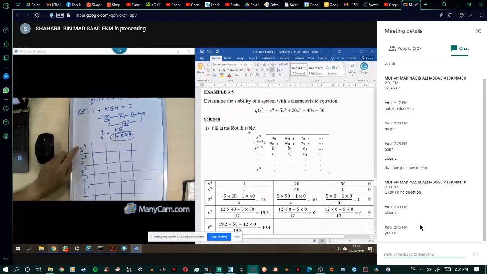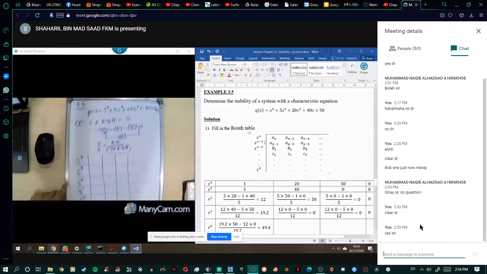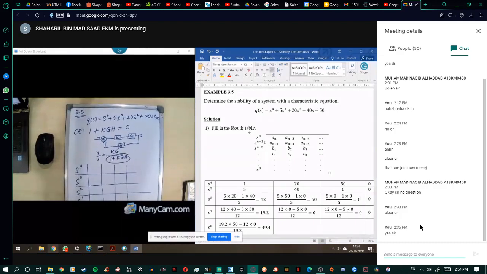How to fill in this table? Look at the coefficients. For s to the power of 4, the coefficient is 1. Then look at the next one, skipping one: the coefficient of s squared is 20.